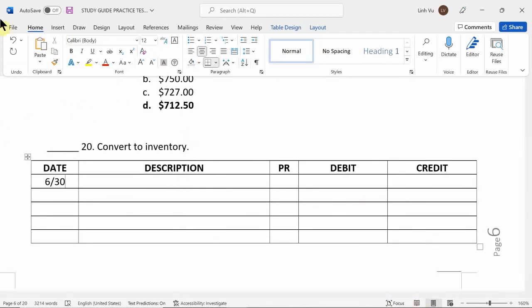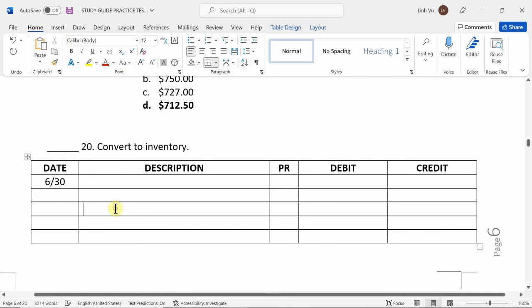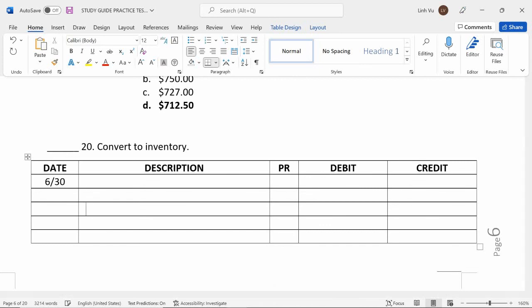You have purchase expense for 800, freight expense for 150. Okay, are they going to be debited or credited? Those are debited. Are you increasing your expenses or decreasing them? No, that was when we put them in. We're converting, so we're going to inventory or whatever we were selling. Good, right? Ending inventory and whatever we were selling.